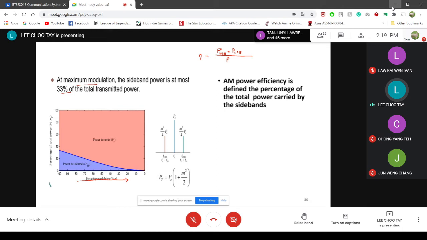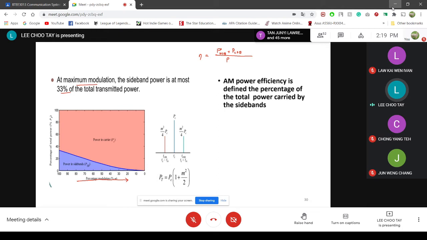So again, in the efficiency, what is M? M is the modulation index. I hope we know it by now. To increase the efficiency, we can increase the modulation index, but we know our limitation. The maximum value of the modulation index is 1. Never use M more than 1.